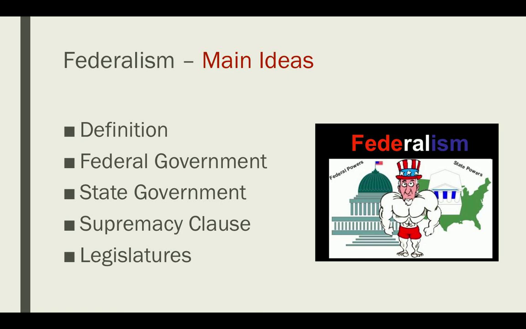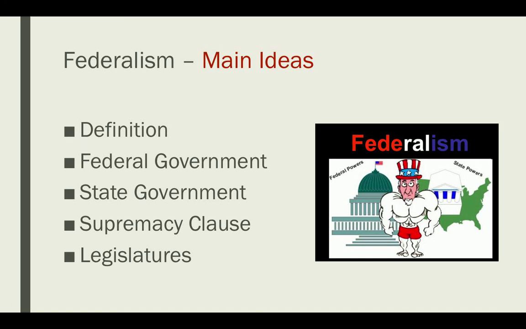Okay? When we look at state versus federal legislatures, federal laws are going to be laws that apply to all 50 states. Everybody has to follow those laws. State laws are only specific to that state. So New York State laws are specific to New York State.